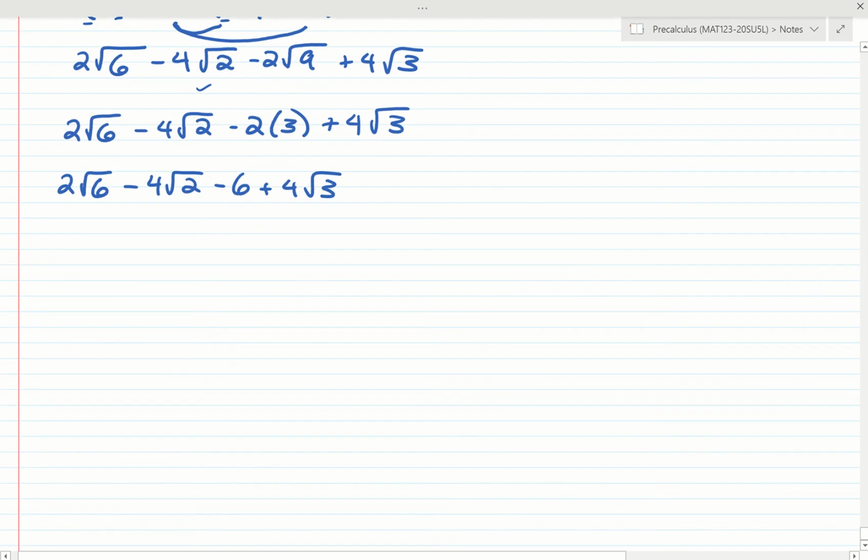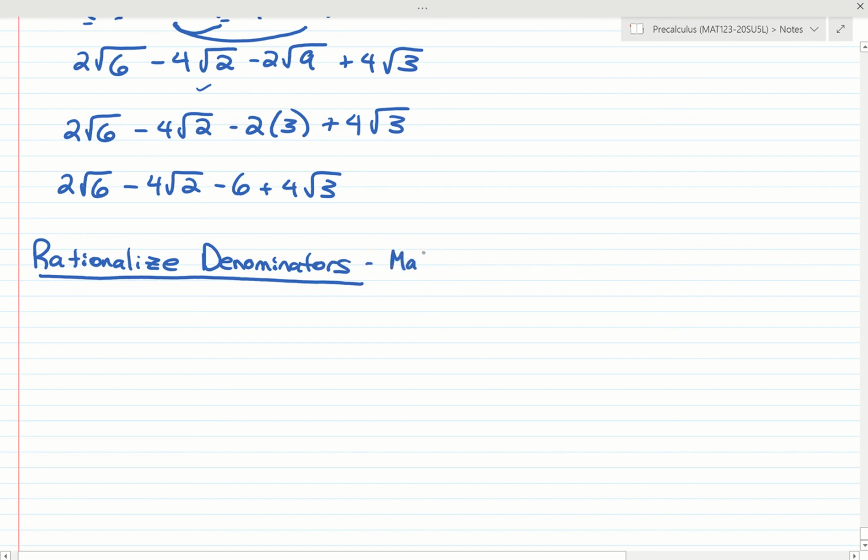I wanted to talk a little bit more about fractions, specifically how to rationalize denominators. And really what this means is we want to match the denominator's power with the index.